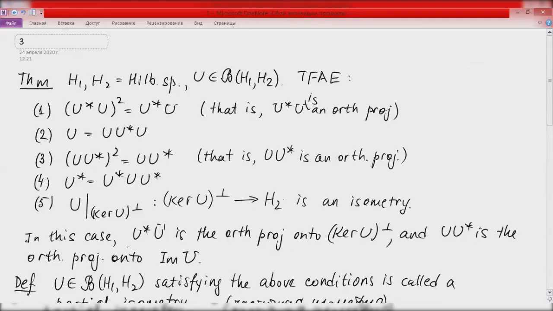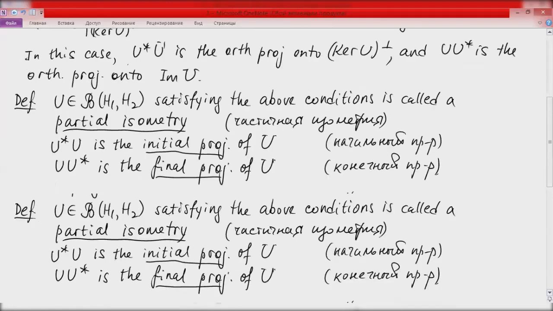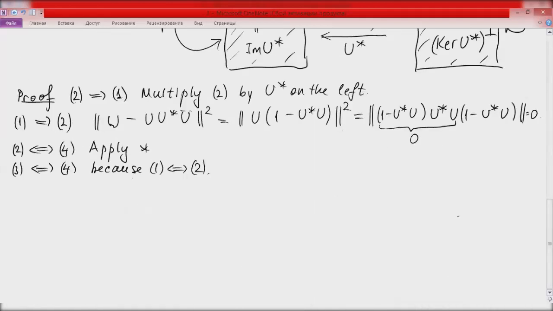So we will show that this geometric condition is equivalent to condition 4. We'll show that 5 is equivalent to 4.